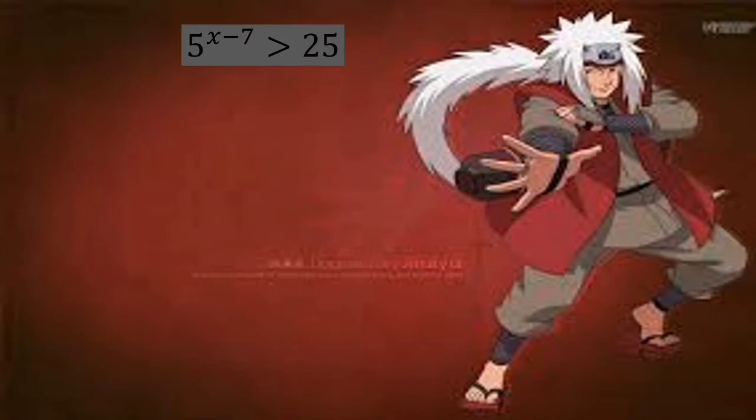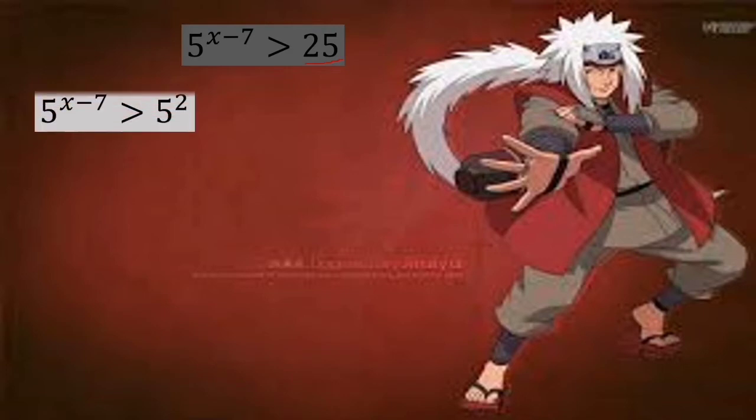Okay, so let's have example number 1. 5 raised to the power of x minus 7 is greater than 25. So, first thing to do, yung 25, i-express natin into exponential expression. So, magiging 5 raised to the power of 2 or 5 squared. So, 5 raised to the power of x minus 7 is greater than 5 raised to the power of 2.